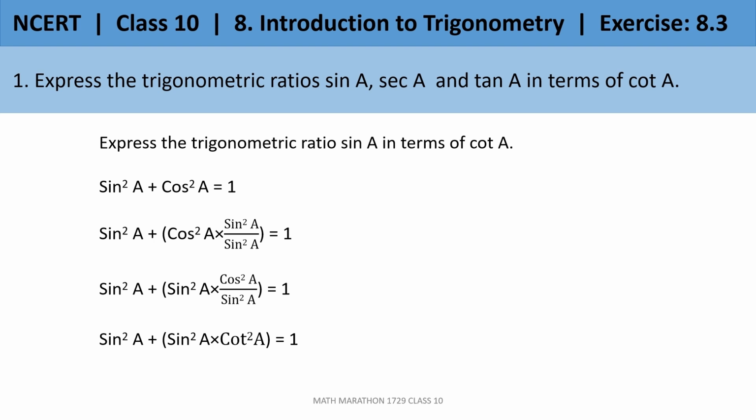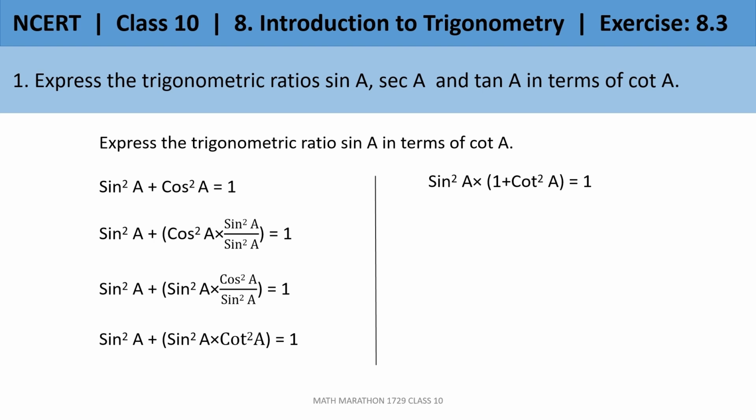Sin square A plus sin square A multiplied by cot square A is equal to 1. Sin square A is common. Sin square A multiplied by (1 plus cot square A) is equal to 1.